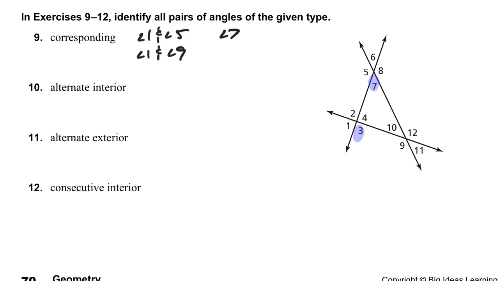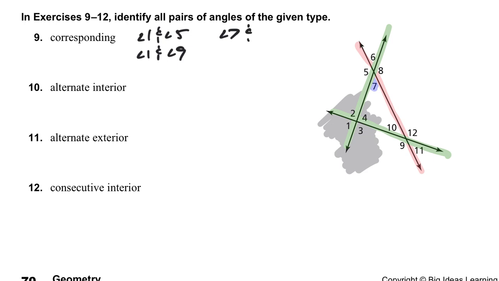It's not quite the same in the spot, but if you were able to ignore this section right here, I can see now that with my transversal, with the two lines here, the two lines are the green right here and this green right here, my corresponding angle here is going to be angle 9.